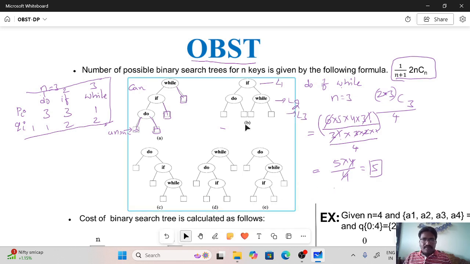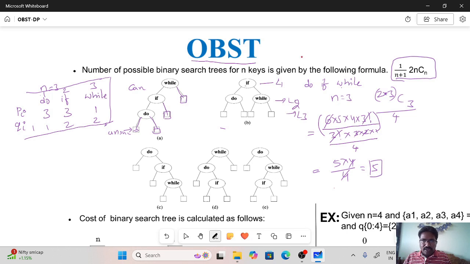If you are searching for if, which is at level 1, how many comparisons does it take? Only 1. If you are searching for do, how many comparisons? 2. And while also 2. If you are searching for any word smaller than do, how many comparisons does it take? If and do, so it also takes only 2 comparisons, but the level is 3.